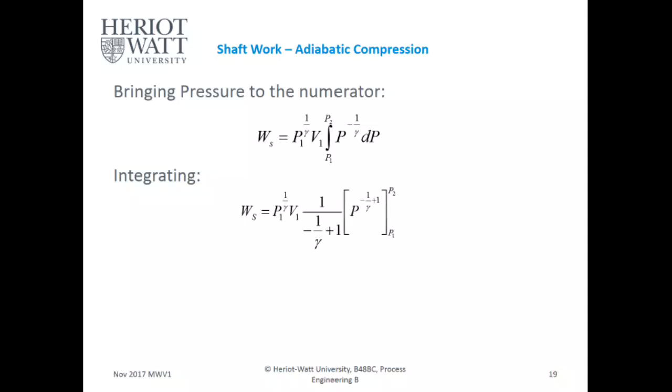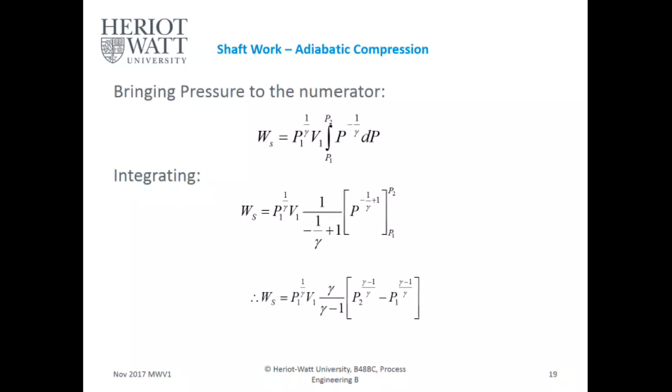Integrating, you get shaft work equals P1^(1/gamma) V1 times 1 over minus 1 over gamma plus 1, which is the integral, taking the denominator out just for simplicity, of P^(-1/gamma + 1) from P1 to P2.